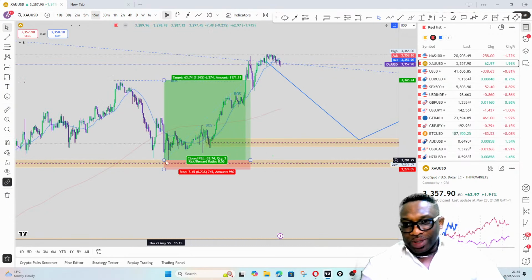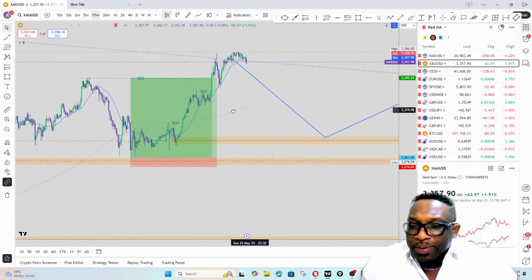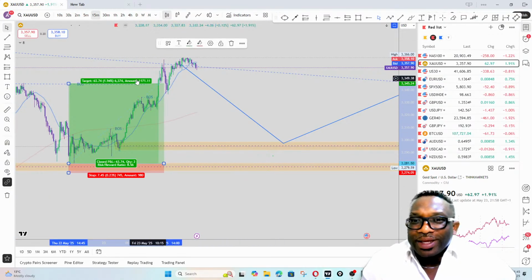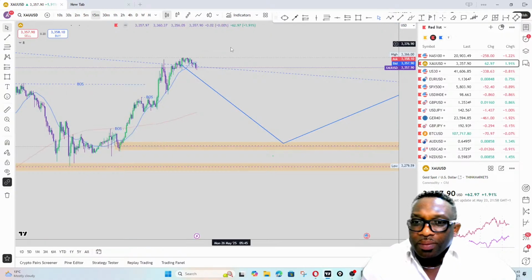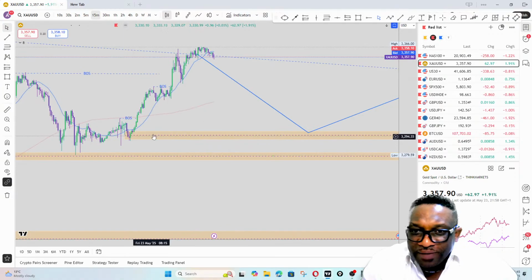So this would have been a nice move for this pair. This is on gold. Okay, so this is in the past now. Let's look at what we can identify as the market opens. Currently we've identified this area of demand.